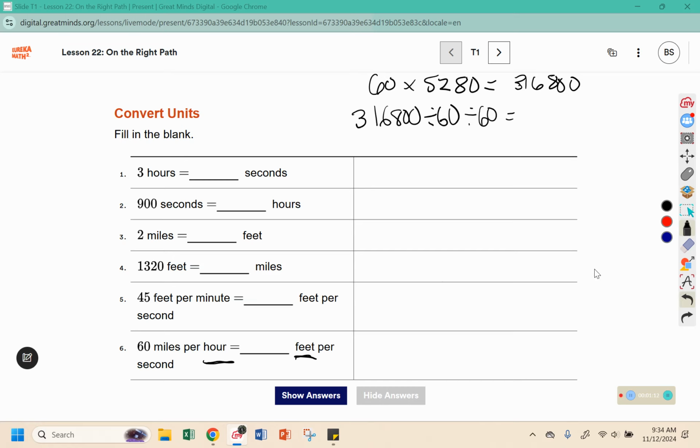No, times 60. No, divided by 60. And that is 88 feet per second.